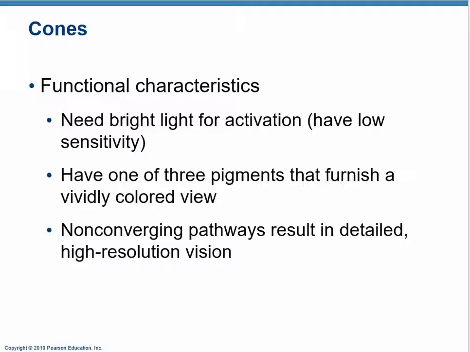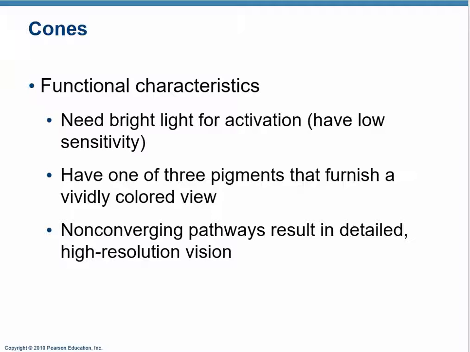So cones are bright light because they're less sensitive, and they're detailed because their pathways are non-converging. Now, each cone has a different pigment. So it's one of 3 different pigments that we have.